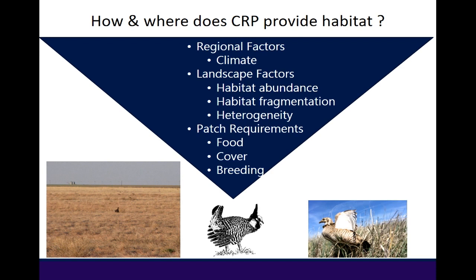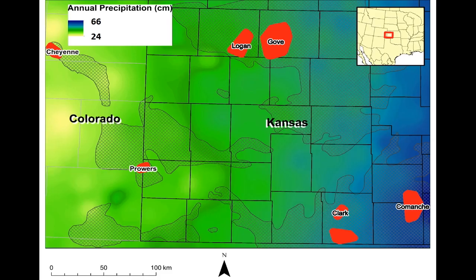But even within the patch, we need to think about that hierarchically, right? We need to think about how that patch of CRP can provide microhabitats for nesting, brood rearing, and during the non-breeding season. This is actually a prairie chicken that's getting off a nest. We're really interested in the small scale factors that are influencing that.